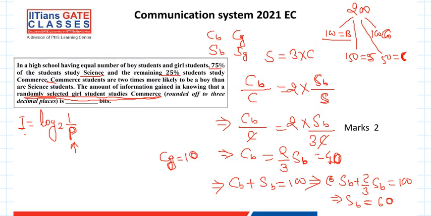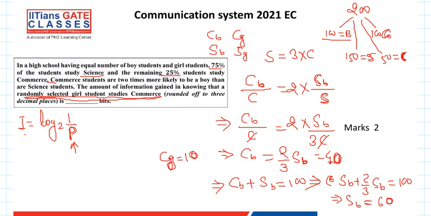Okay, now what is the probability that we find if we select any commerce student? Here we need to find the probability that if we select a girl student, she is studying the commerce subject.